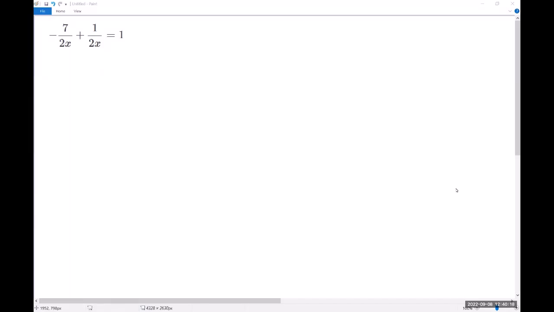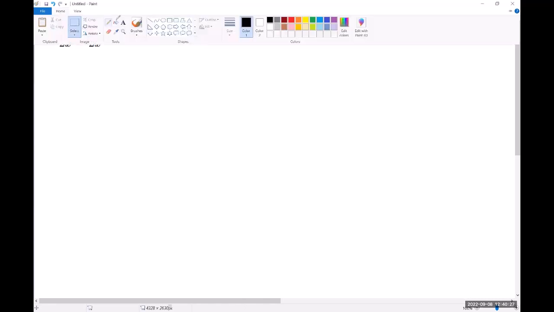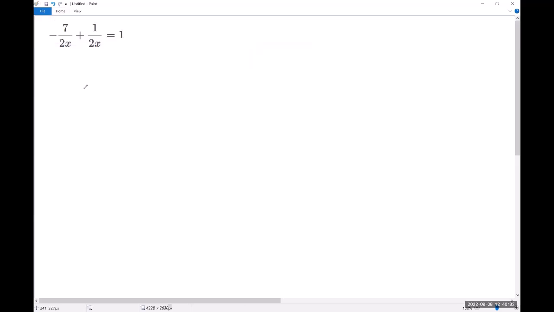All right, so let's see how we would solve this one. This one actually is not terribly complicated. We should be able to do this one in just a few seconds because they both have the same denominator.